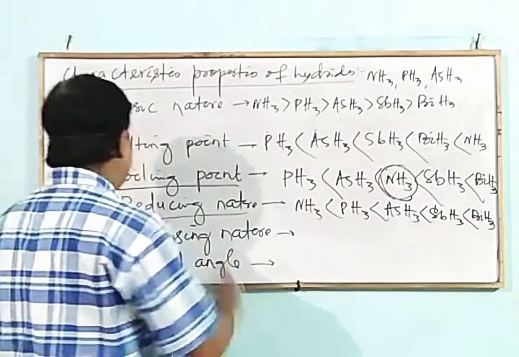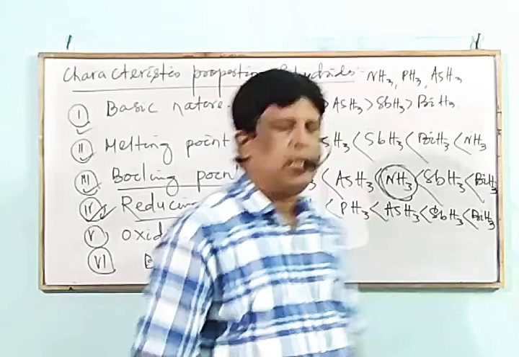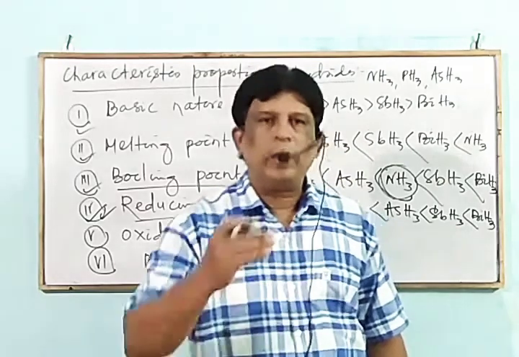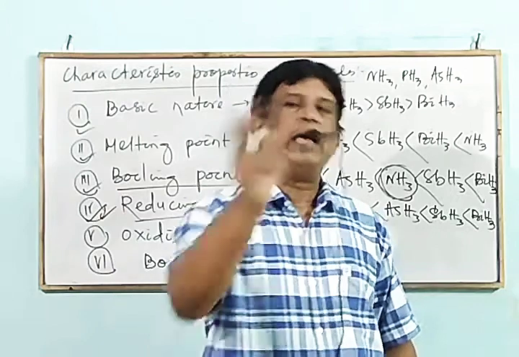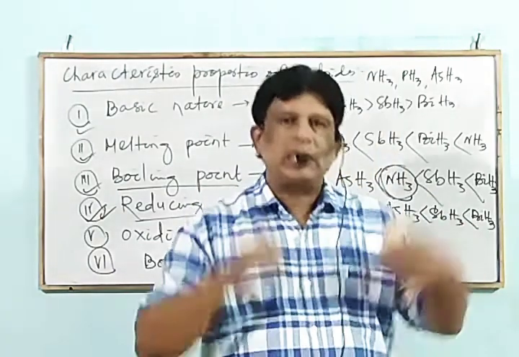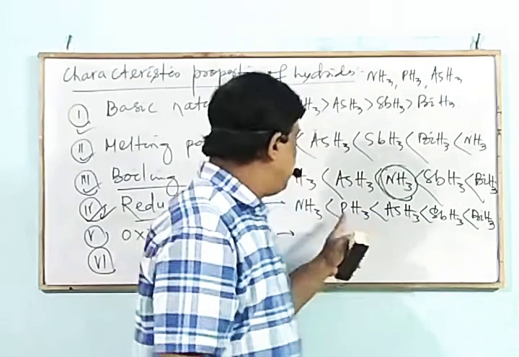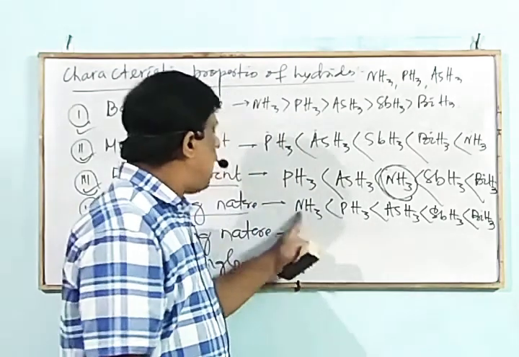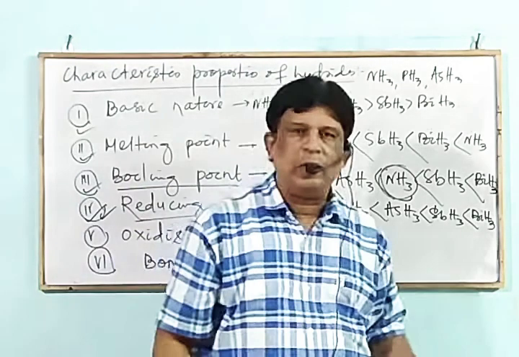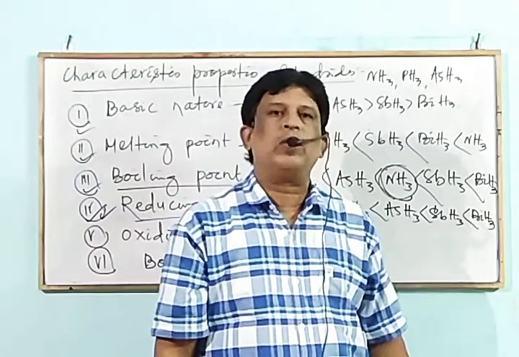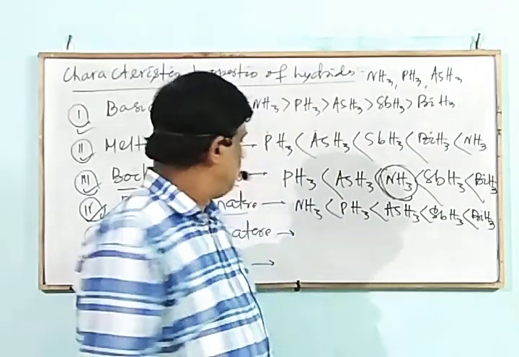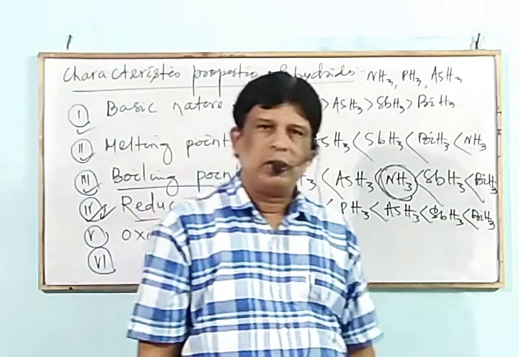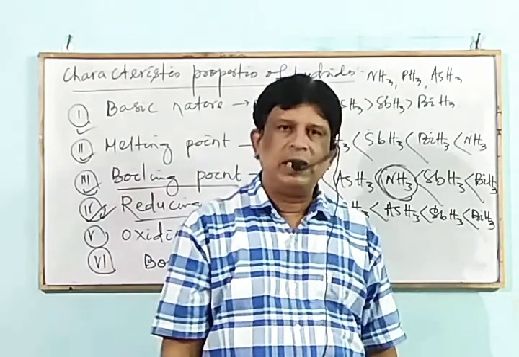I repeat again, reducing agent is one who helps in others' reduction, one who helps in gaining of the other, so itself tries to lose. So it depends upon the electronegativity. As it possesses higher electronegativity, the tendency to lose electrons decreases. So this is the order of reducing nature.